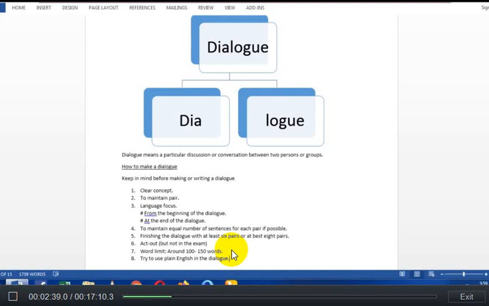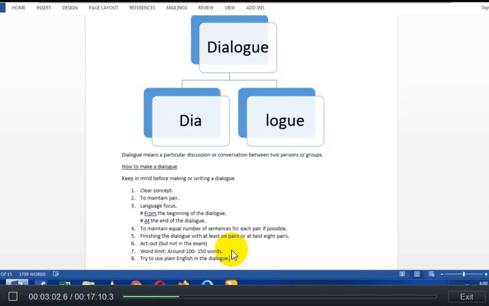That means whenever we write down a dialogue, we must maintain an equal number of sentences. Whenever we put down a sentence or two sentences, we must maintain the pair, which must be equal if possible.